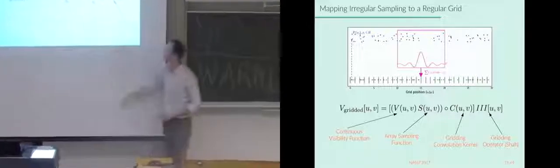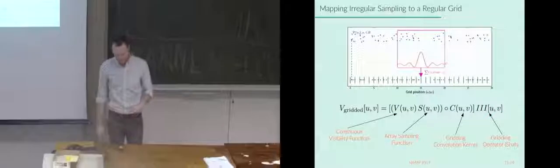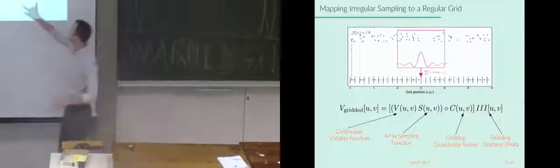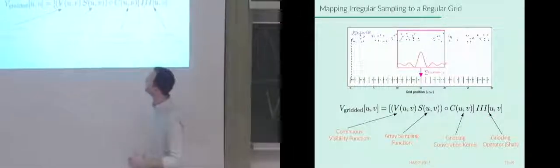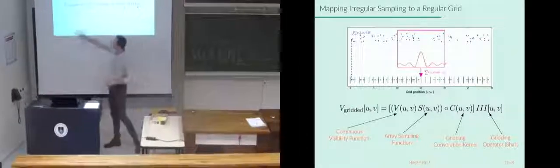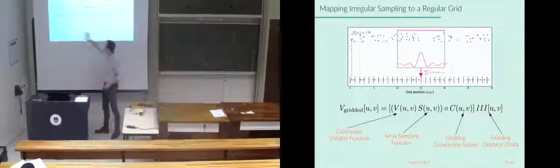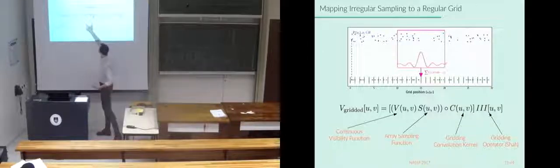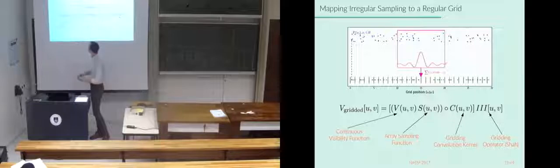And then this last thing is what's called a Shah operator. These two kind of make up the whole gridding operation. And so what's happening here is this is what we measure. This is what we know from our sampling, from our array configuration. So these multiply together gives you your visibility distribution.